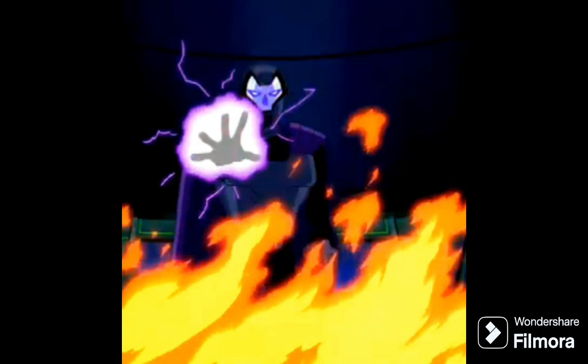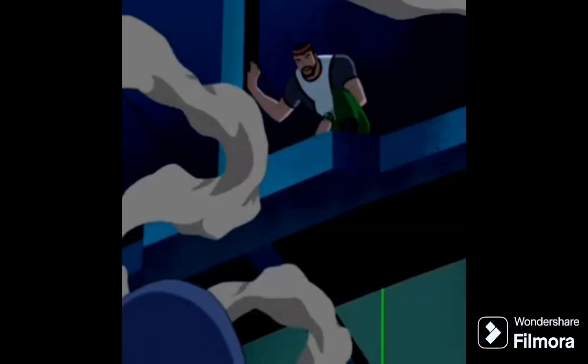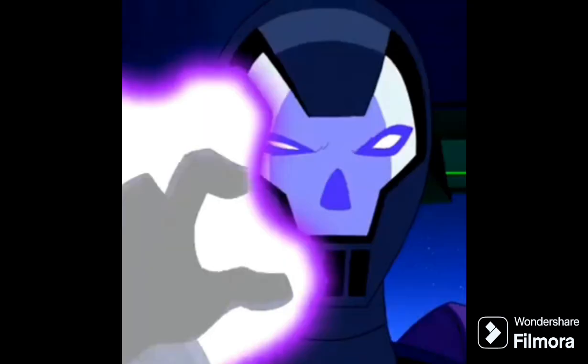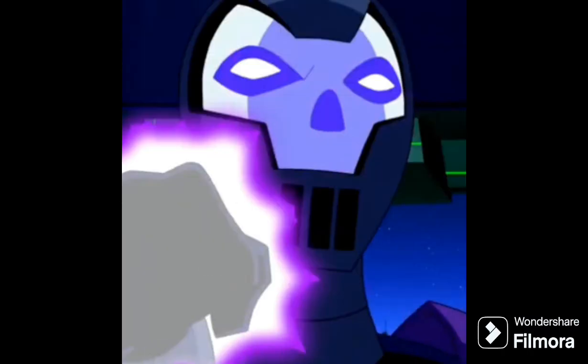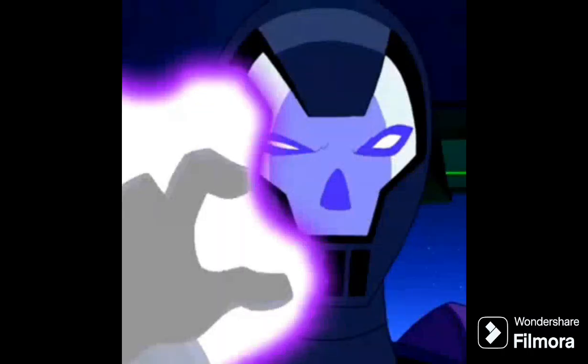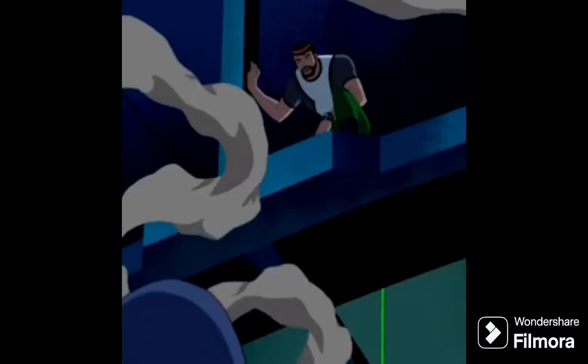So Ultimate Ben's timeline splits in two again, becoming Ultimate Ben's timeline and then Ben 10K's timeline. Ultimate Ben's timeline goes as it would have gone naturally without Eon appearing there.